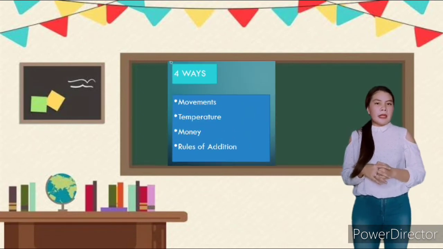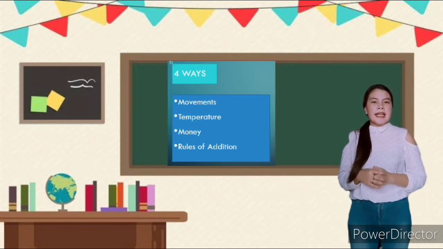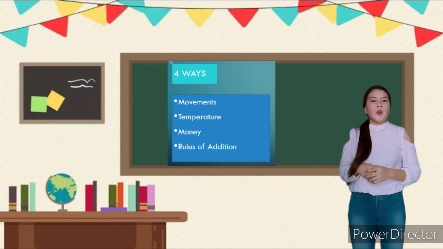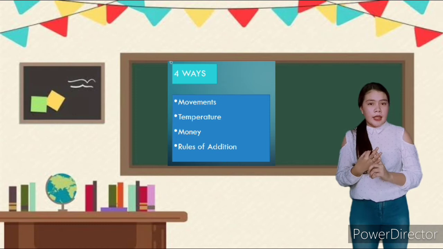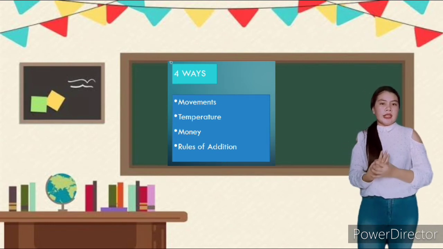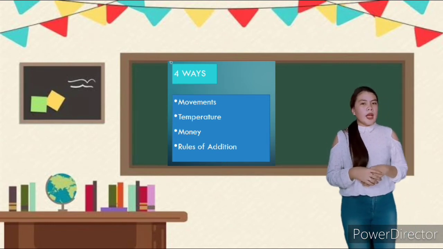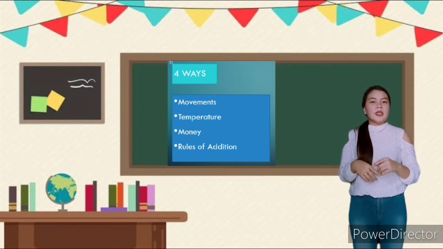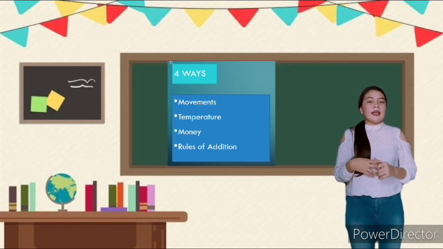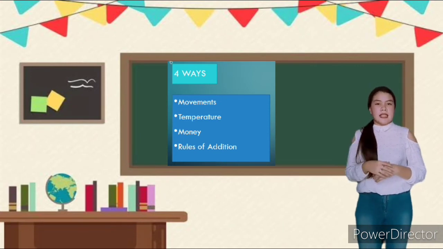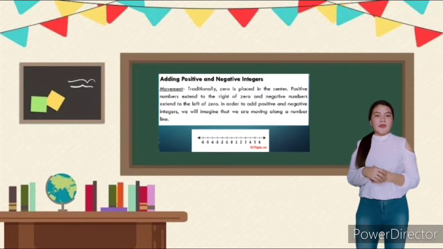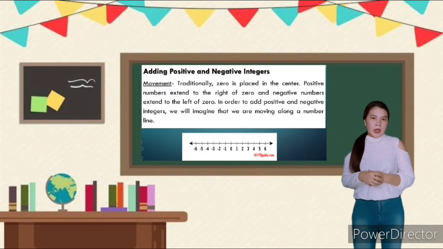Okay, class. There are four appealing ways to understand how to add integers. We can use movements, temperature, money, and of course the rules for addition. But I will only discuss the rules for addition and the movement since these two are common and easy. So, in movement, we will use a number line.